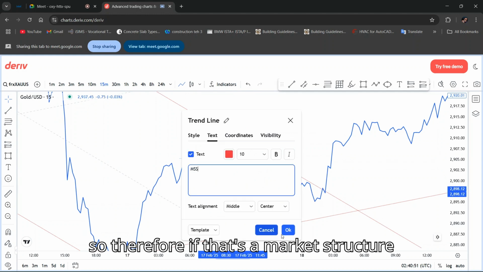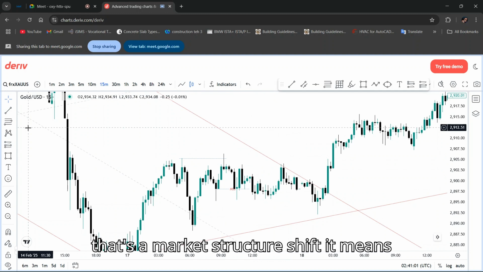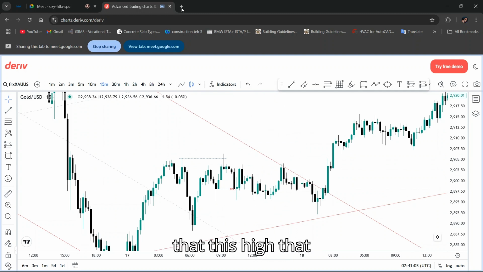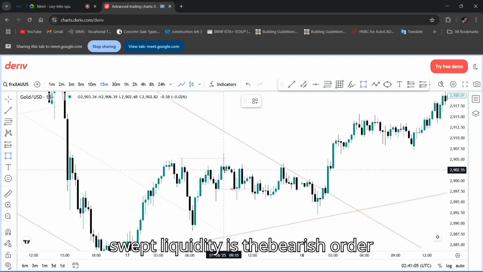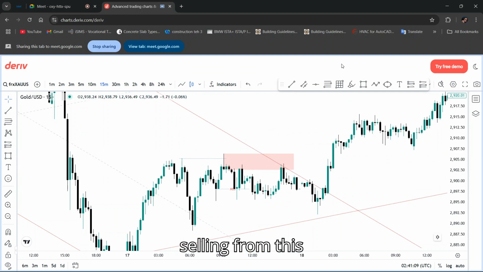So therefore, if that's a market structure shift, it means that this high that swept liquidity is the bearish order block. So the market should have been selling from this area.